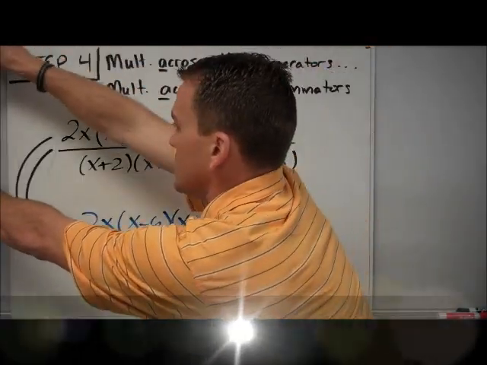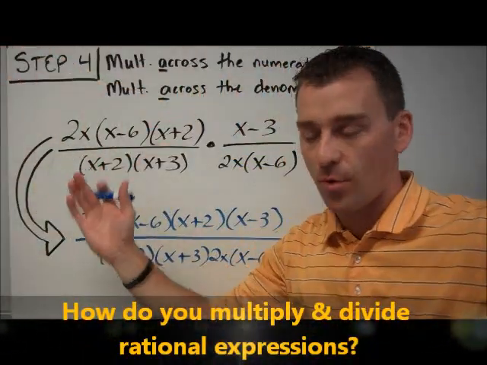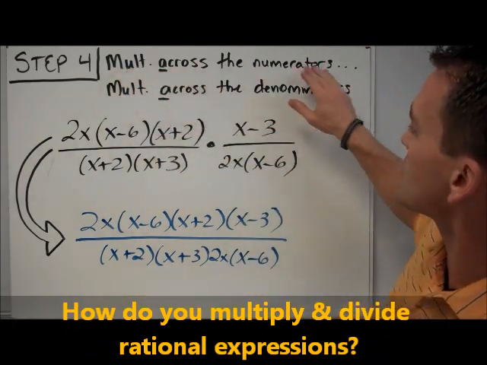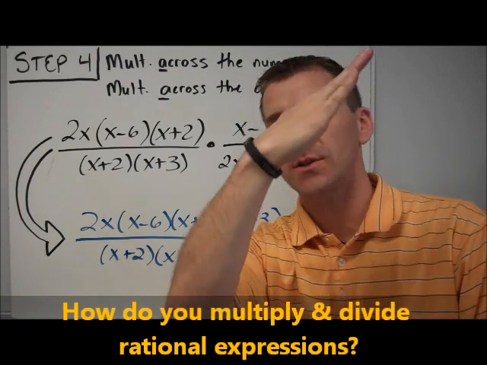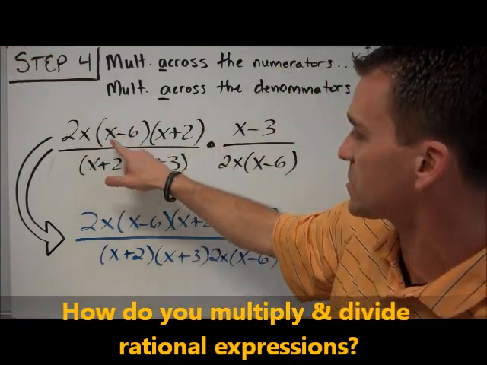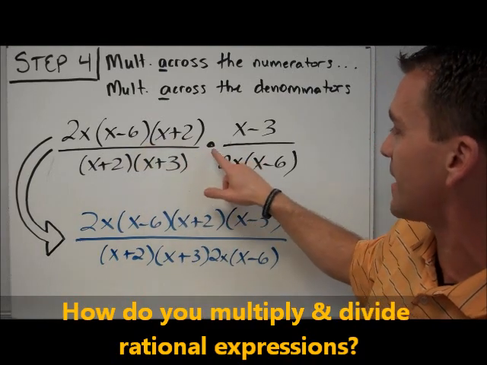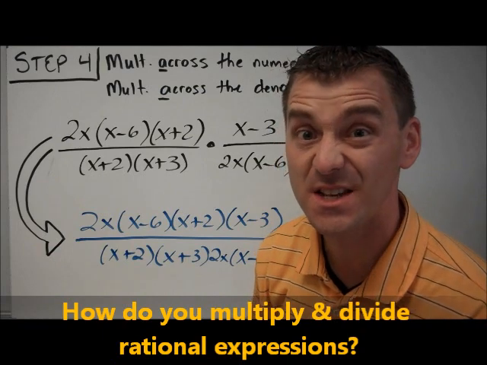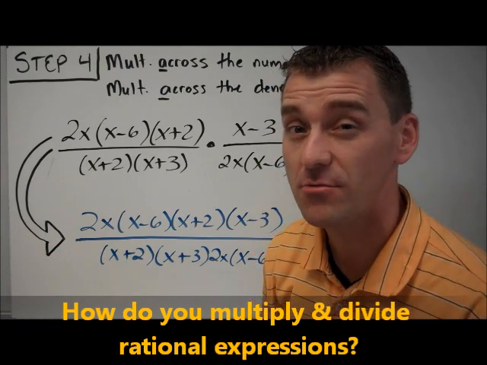Here we go. Step 4, again, a non-negotiable. It's a mandatory step that you must do. You're going to multiply across the numerators. I don't mean cross, I mean across. So you take the numerators, 2x, x minus 6, x plus 2, and take that times x minus 3. Let me give you a little hint, this is by far the easiest step because all you're doing is rewriting it.